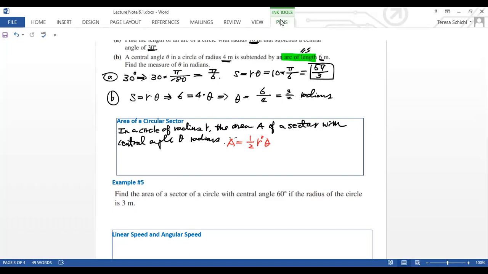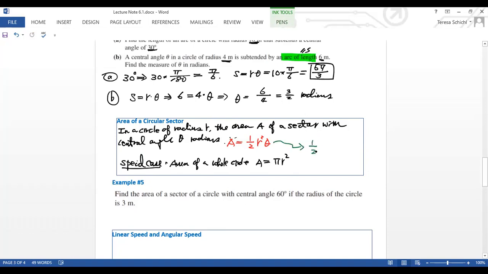Now let's look at our special case to see if it matches or not. The special case is the area of a whole circle. We all learned in geometry that our teacher told us it's pi r squared. So if I use this formula, do I get pi r squared?